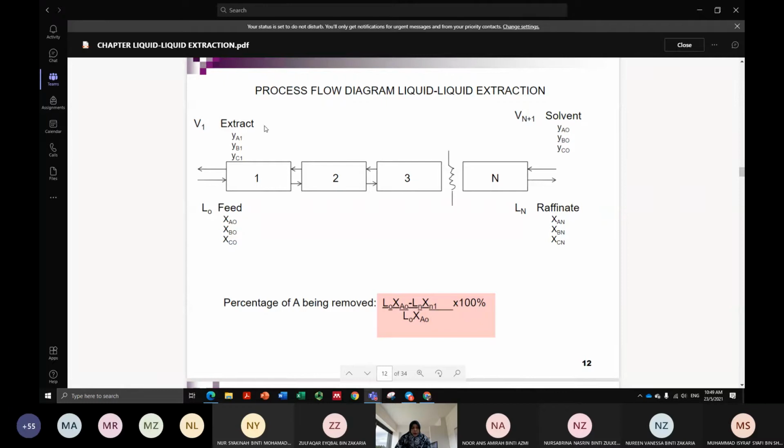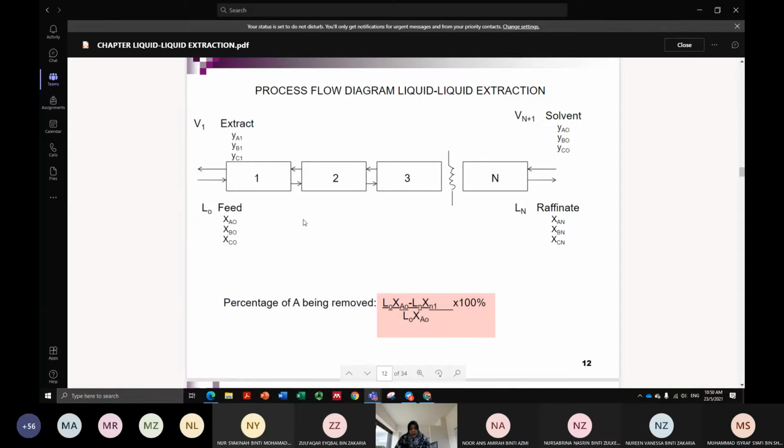If you were to label or sketch the schematic diagram for the multiple stage liquid extraction, you're going to use V1, Vn plus 1, L0, and Ln, and then you need to label: this is your extract, your solvent, your raffinate, and your feed. In the book, or sometimes in the video, they represent the heavy phase and light phase.